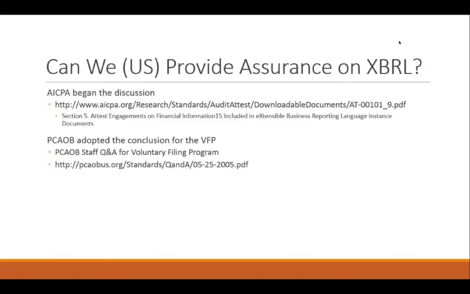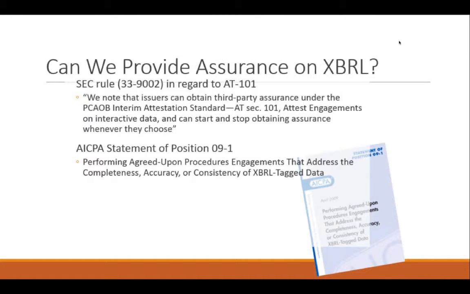Then the PCAOB adopted a requirement that we need to provide some assurance on the XBRL report. Also, the SEC and AICPA have issued some attestation to say that the XBRL tagged data should be complete, accurate, and consistent with the actual data.